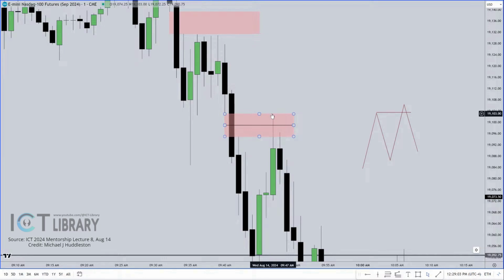Where's too far? Too far is going above this candle's high. That's a stop loss. Entry here. Stop loss here. Now, that's the baseline entry strategy and where stop loss would be.